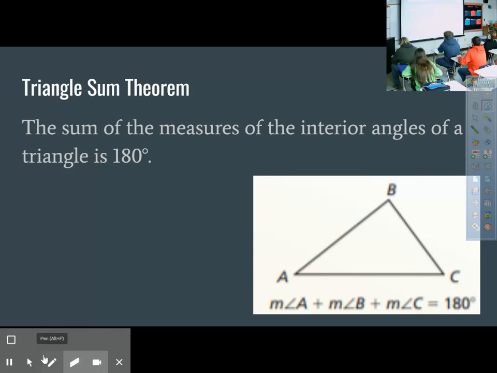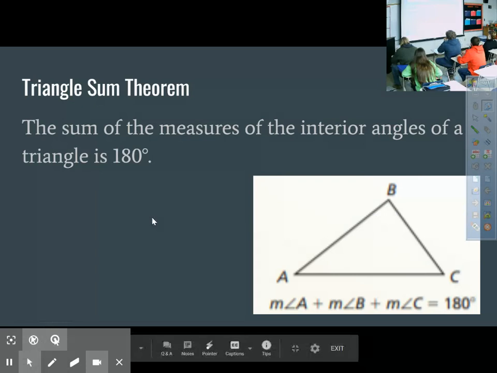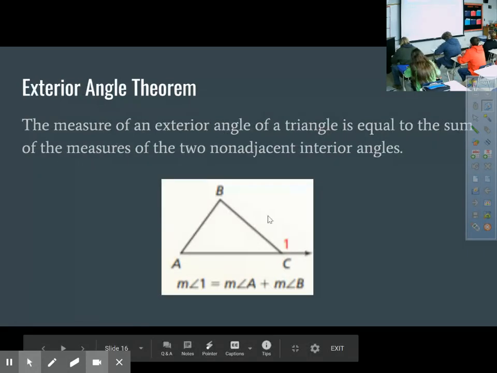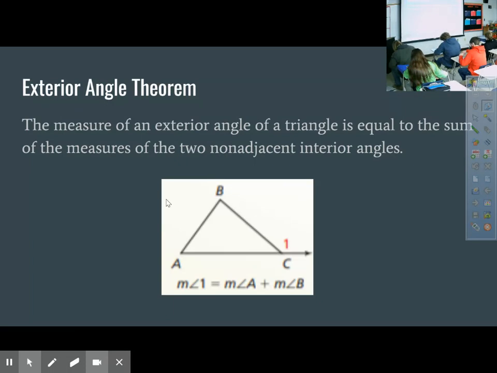Okay. Now the other theorem, the exterior angle theorem, says, I'll let you write this down before I explain it: the measure of an exterior angle of a triangle is equal to the sum of the measures of the two non-adjacent interior angles.